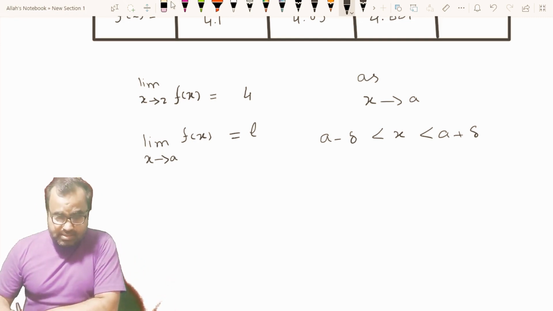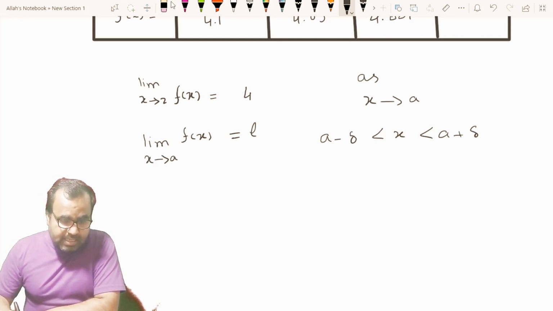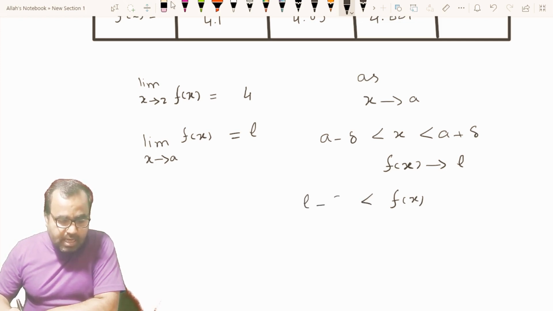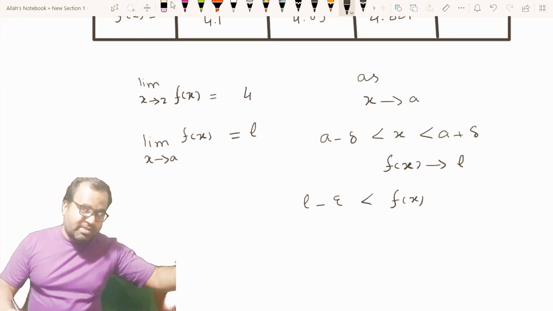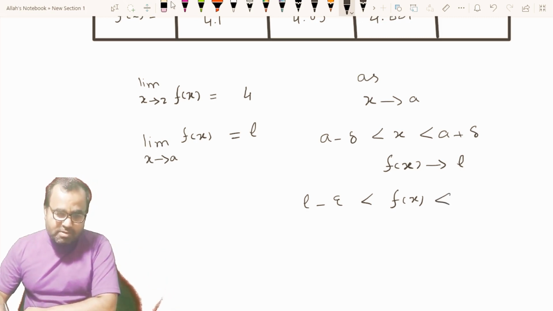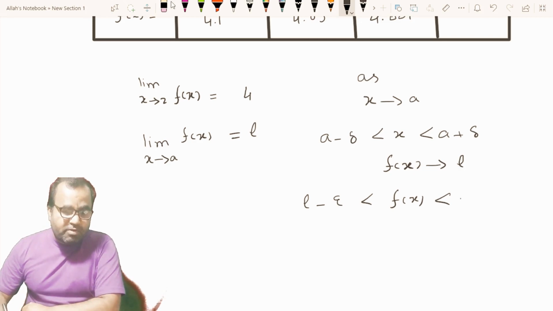Since we get the answer, the limit of f of x is L. This means that f of x will be in between L minus epsilon and L plus epsilon. L minus epsilon means close to 4 from the left side, and L plus epsilon means close to 4 from the right side.